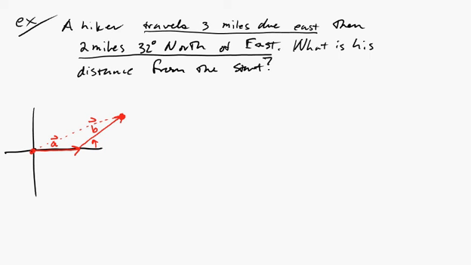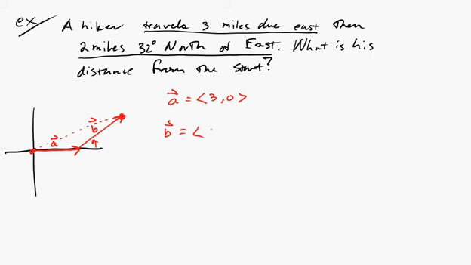And so first, let's write out the A vector. Now, due east would be 0 degrees. And so if you think about it, there's no y value here, there's only an x. And so then that vector will be 3, 0. For B, we have to do a little more work. We have to use the formulas we just talked about.